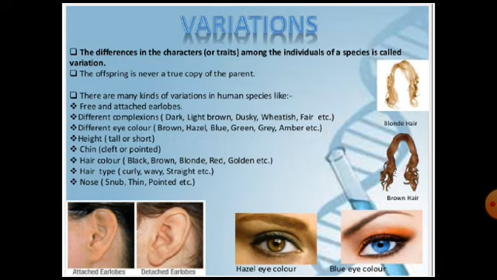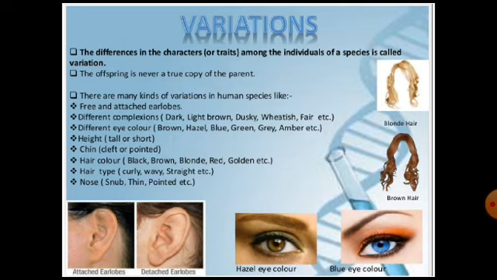Now, the differences in these characters or traits among the individuals of a species is called variation. As you might have noticed, the offspring of the same parents, except monozygotic twins, are never alike.